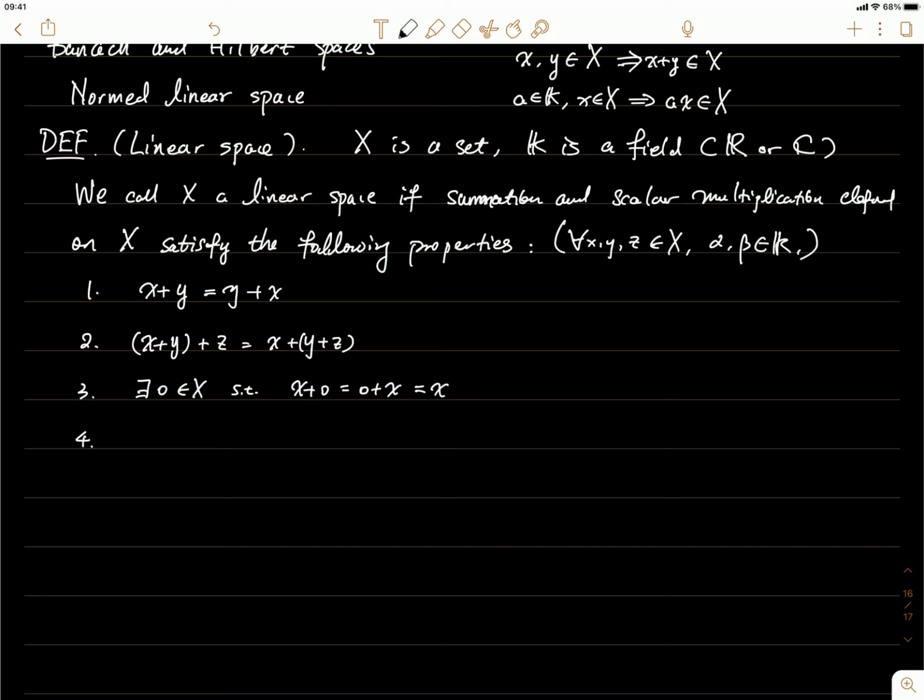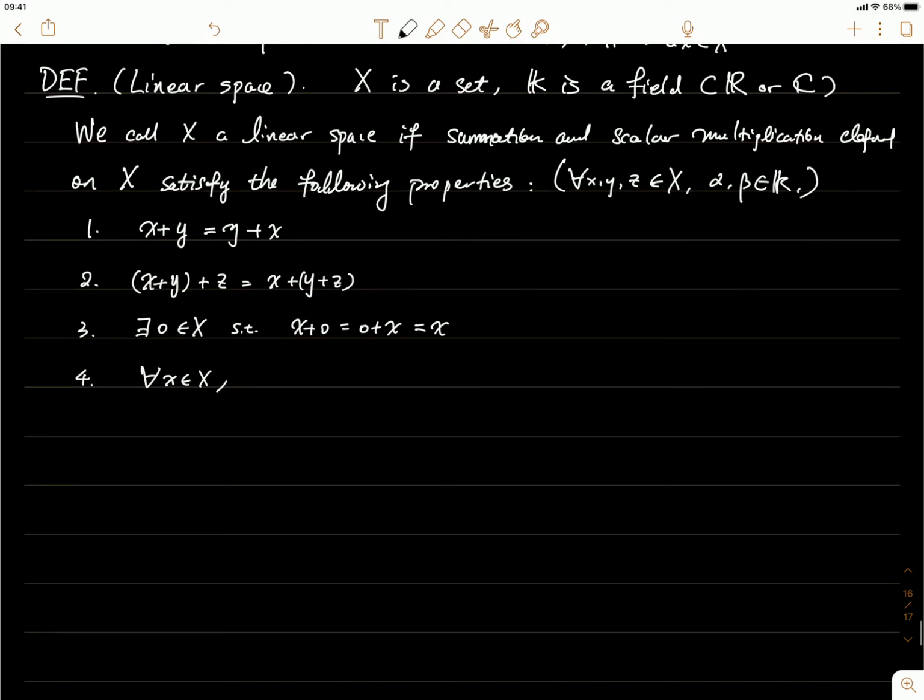The fourth one is that any x has an additive inverse, which we call negative x, also in X, such that x plus its additive inverse, which by the first property is the same as the sum in the reversed order, equals 0. So these first four properties mean that the linear space is an abelian group under the summation.